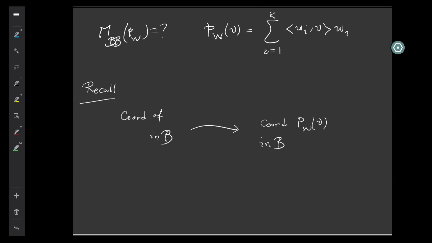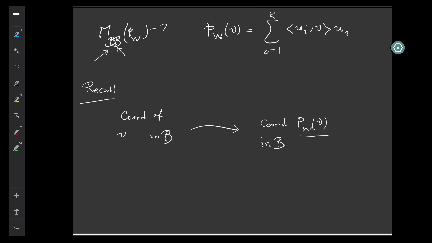We are given this map Pw, and we want to find a matrix. Recall that the matrix M_BB is a matrix that, if you multiply it by the coordinates of a vector v in a basis B, takes them to the coordinates of Pw of v in the second basis, which happens to be the same basis B again.